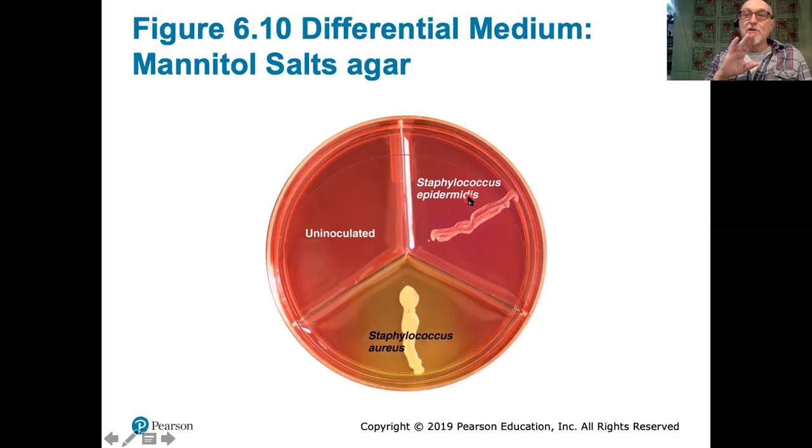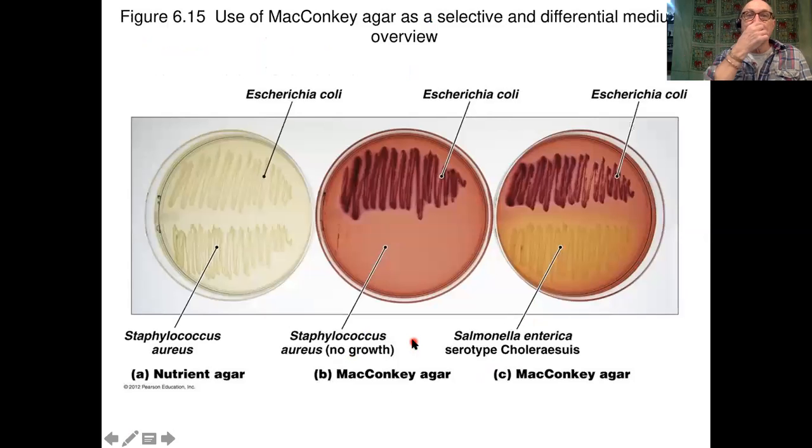Staphylococcus epidermidis does not ferment mannitol, so it does not turn this yellow. We can distinguish between these two species of Staphylococcus by their reaction to the mannitol. If we were to inoculate in some other bacterium, E. coli or something here, it wouldn't grow at all. And so that would show us that this medium, mannitol salts, is strongly selective for Staphylococcus, but it is also differential. So it has both qualities.